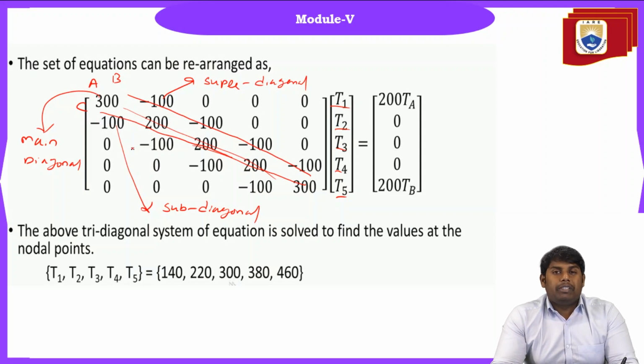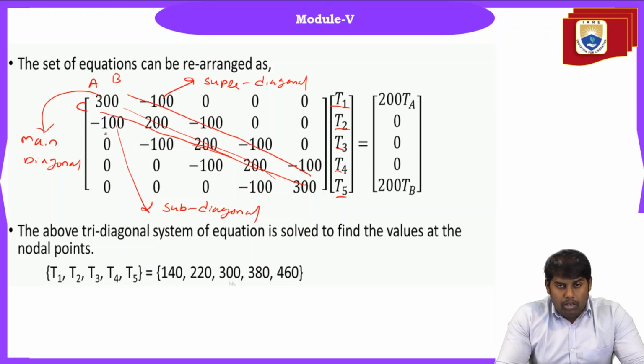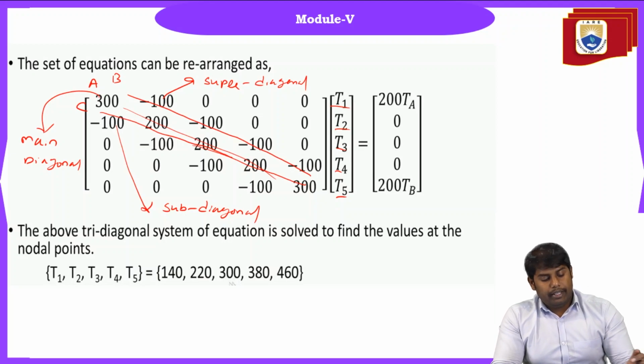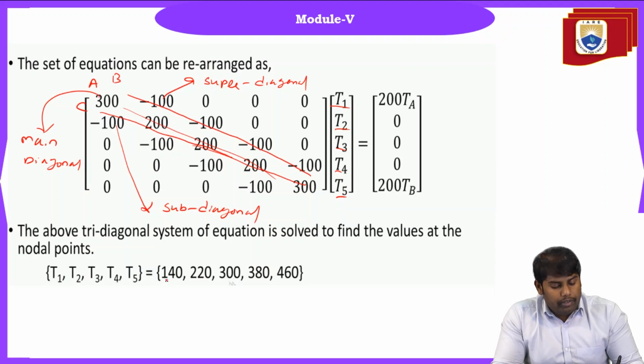Fine. So these three are there. When we do arithmetic operations in terms of the lower triangle matrix or upper triangle matrix, we can do the determinant easily and solve the equations. When we solve, initially the temperature is 400 for T1, T2 is 220, T3 is 300, T4 is 380, T5 is 460.